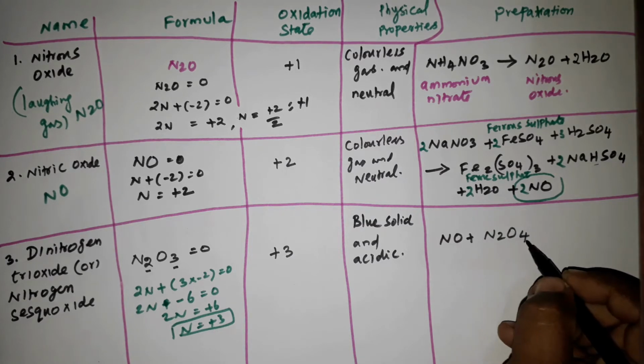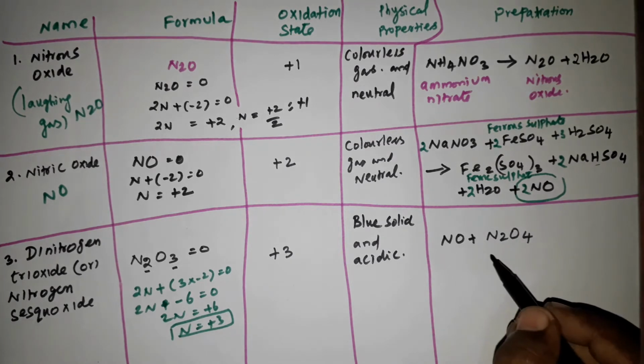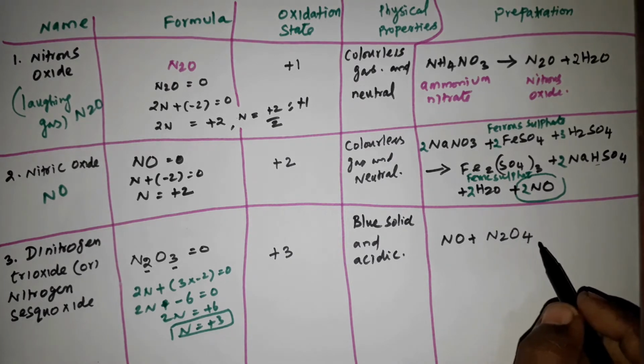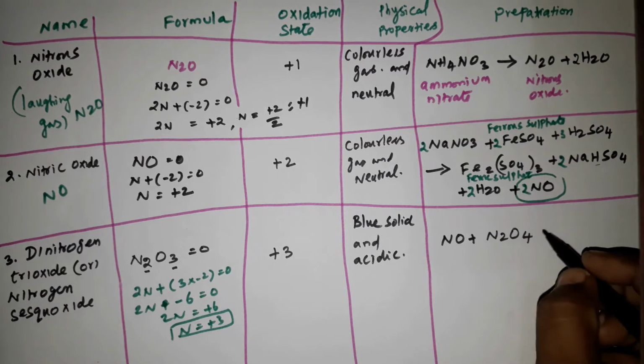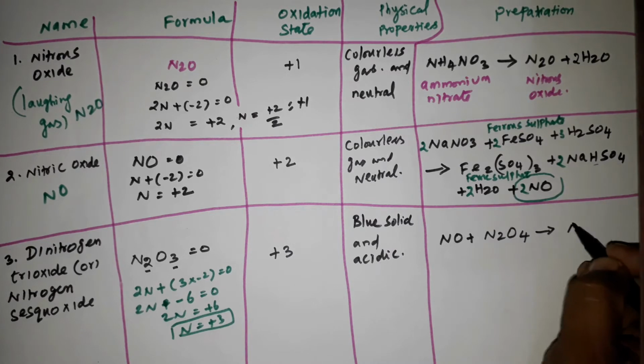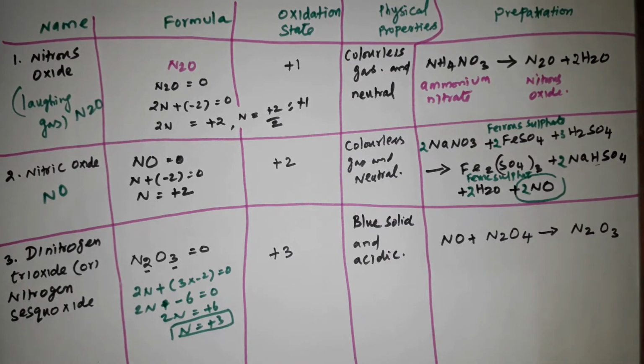Dinitrogen, tetra means 4. So when nitric oxide NO reacts with dinitrogen tetroxide, then we will get dinitrogen trioxide. Okay, NO plus N2O4, we will get N2O3.